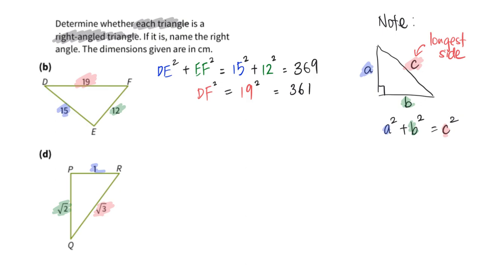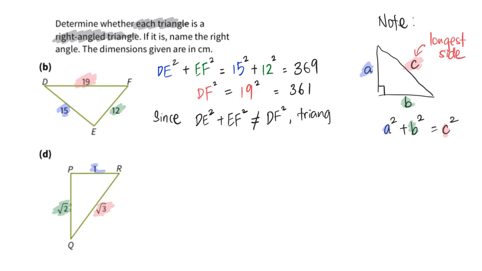So now this is the most important statement that you do need to write, since my DE square plus EF square does not equal to my DF square.